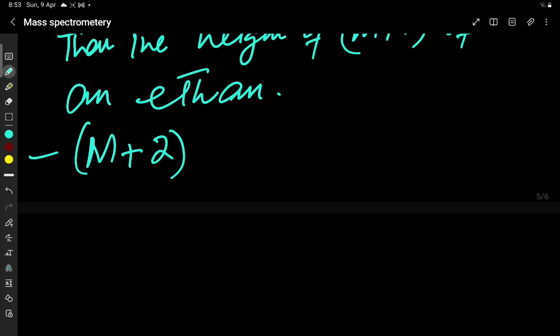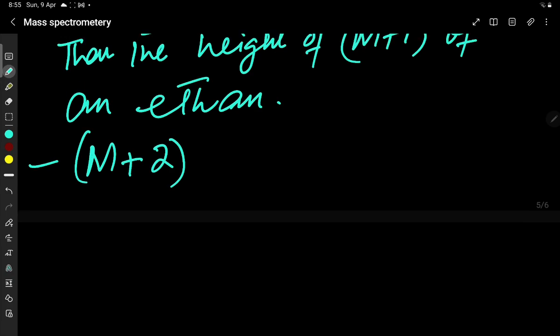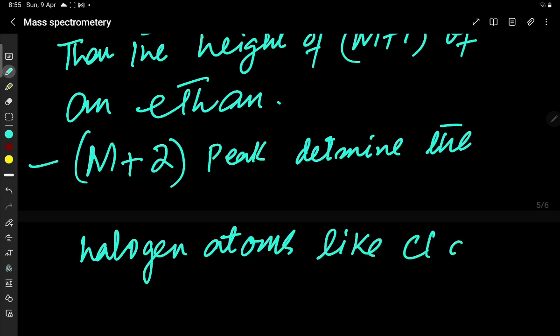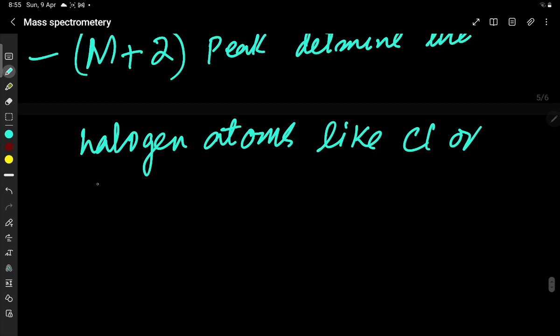If an M plus 2 peak appears on the mass spectrum, it is due to a halogen. The M plus 2 peak always determines that halogen atoms like chlorine or bromine are present.